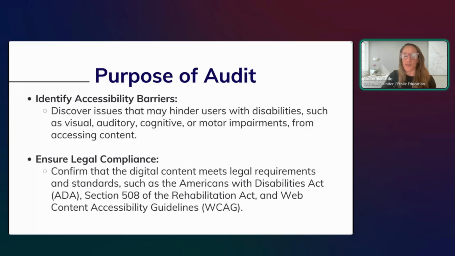There's lots of different reasons that you might do this for your own learning experience so that you're designing more accessibly in the future. But the purposes typically are that we're looking to discover issues that could hinder users with disabilities, and that is in the visual, auditory, cognitive, or motor impairments, as well as ensuring that we're meeting all the legal requirements.